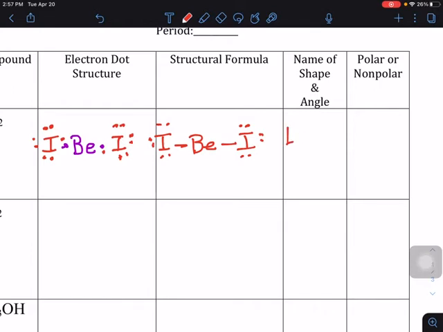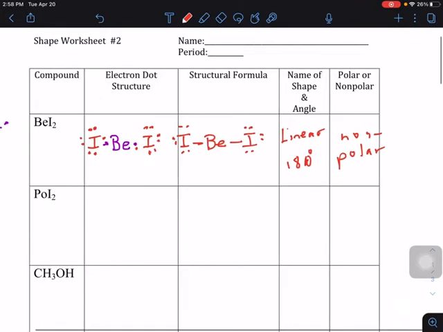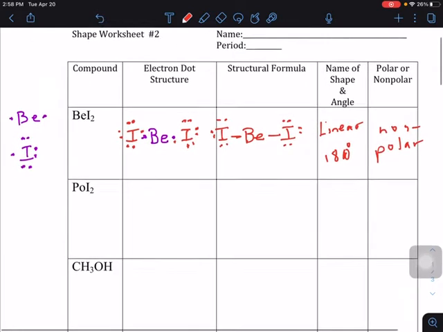That group 2 is linear, which is 180 degrees, and that is nonpolar. Nonpolar because the central atom has the same kind of atoms, matching atoms, that surround the central atom. Next one is PoI2.